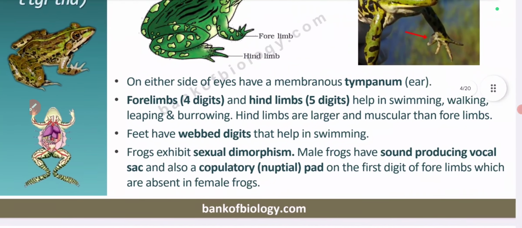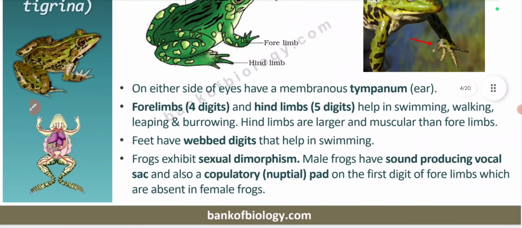Frog exhibits sexual dimorphism, means you can easily identify male and female. Male frog has a sound producing vocal sac which is absent in female, and also the male frog has a copulatory pad, called the nuptial pad, on the first digit of the forelimb. So what are the differences between male frog and female frog?